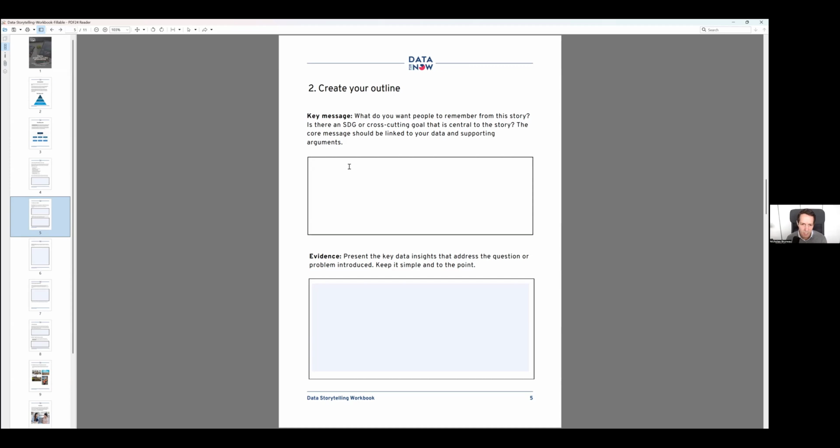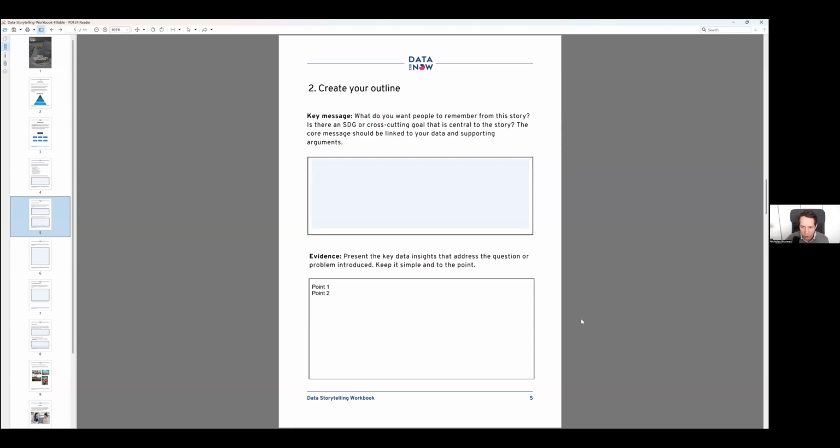And once you have that key message, then you're able to bring together the key pieces of evidence. Here, what I'm suggesting is that you first only develop the outline. You don't need to write everything all at once, but write the key points, the key pieces of evidence that are going to support your key message.